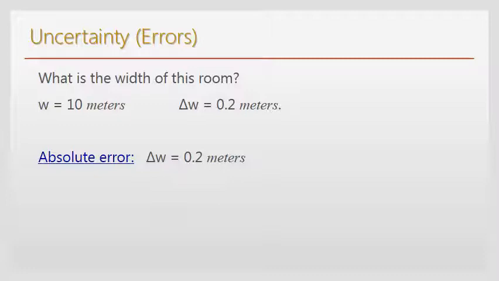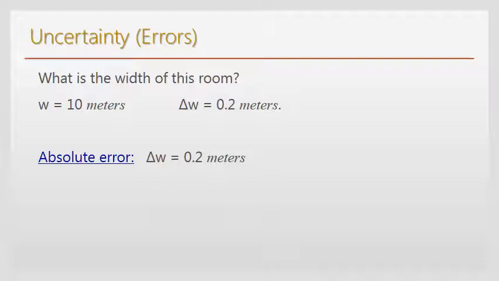So in this case, if the width of the room is 10 meters, the error or the uncertainty in the measurement is 0.2. The absolute error is 0.2 meters as well, because this one might be plus or minus.